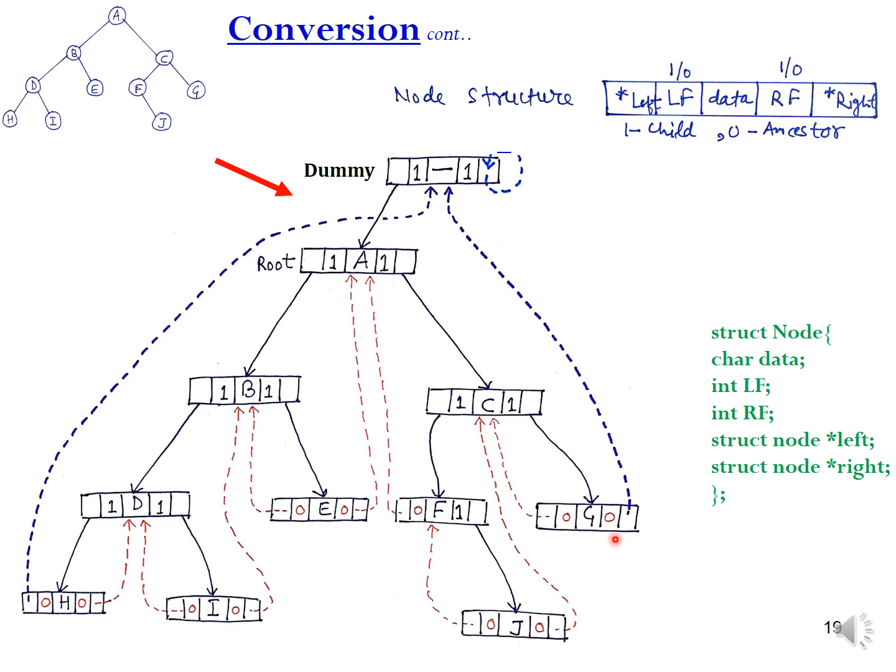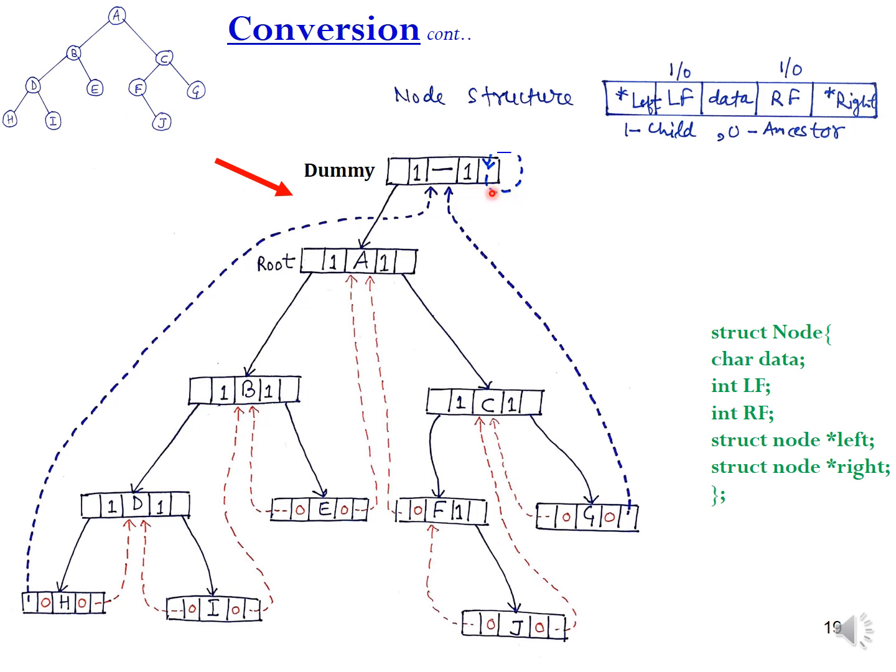At the right hand side, it is to be noted that in the previous slide, this was X, a null pointer, because it did not have any in order successor. But here this will point to some other node, and this node is known as the dummy node.